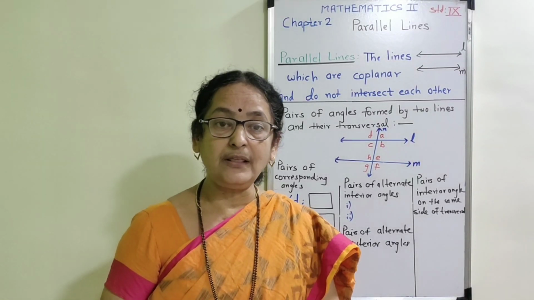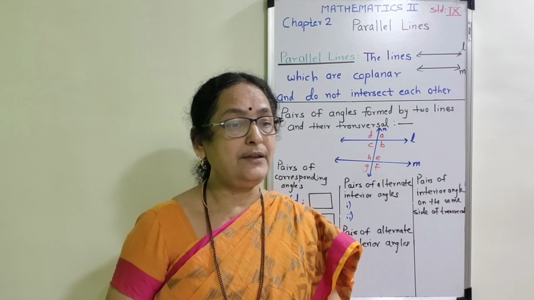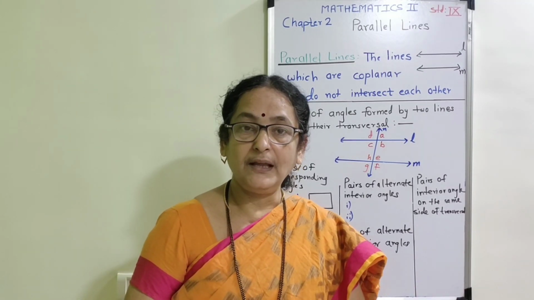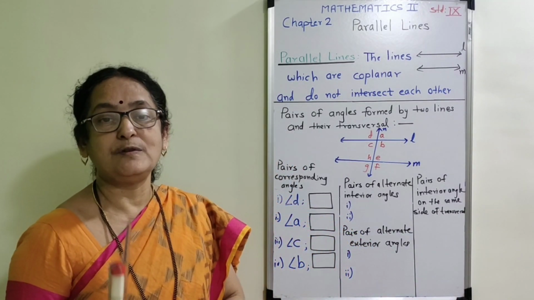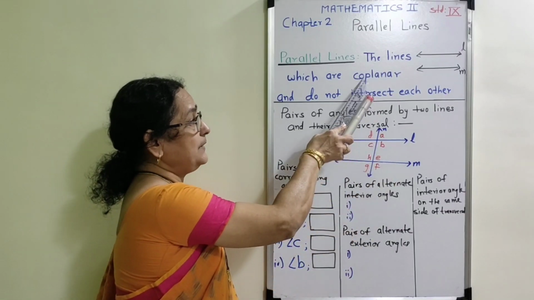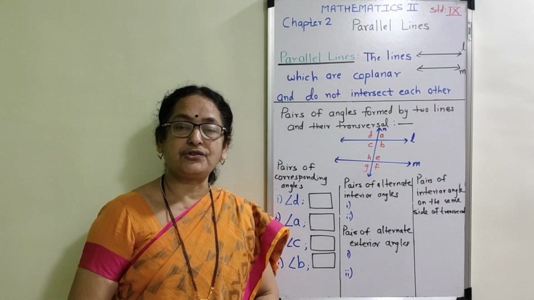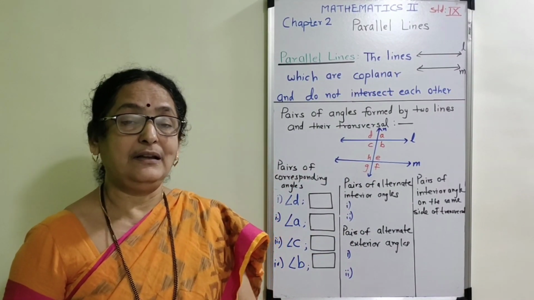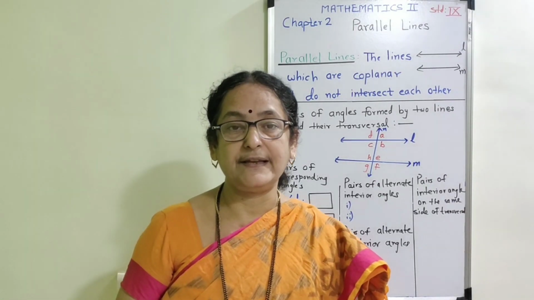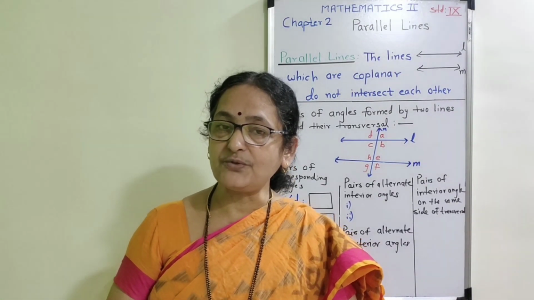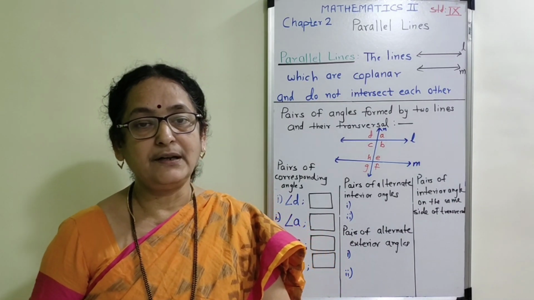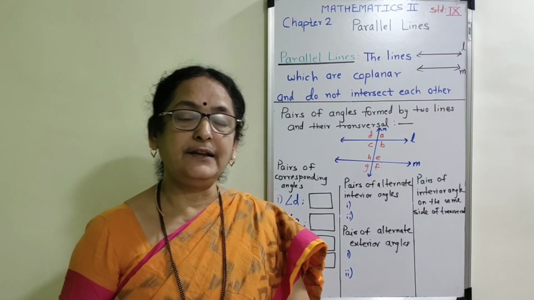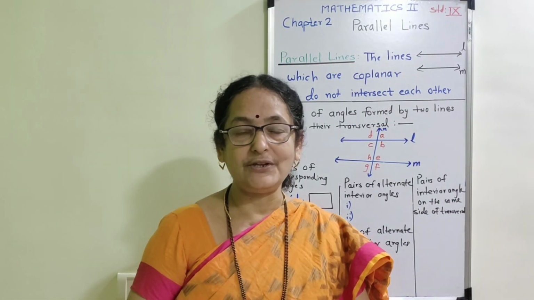The given lines should lie in one and only one plane. Then those lines are said to be coplanar. And the second condition is that the lines should not intersect each other. If these two conditions are fulfilled, then we can say that the given lines are parallel to each other.